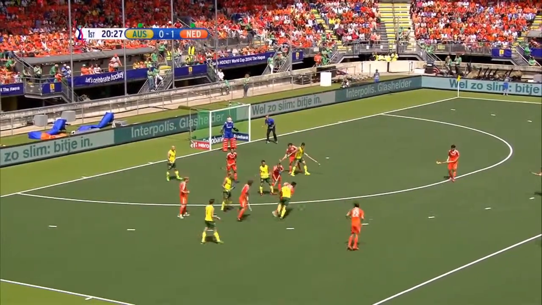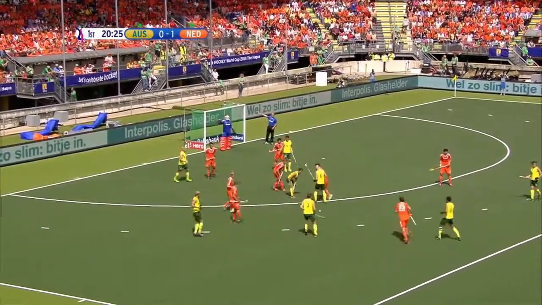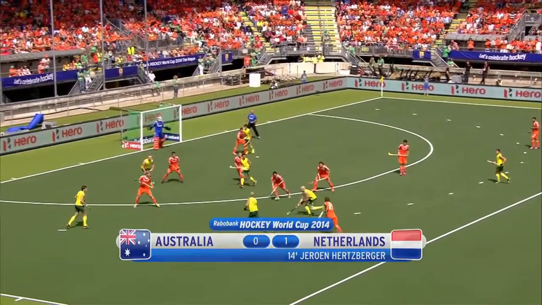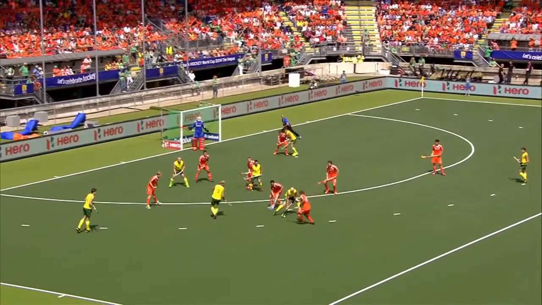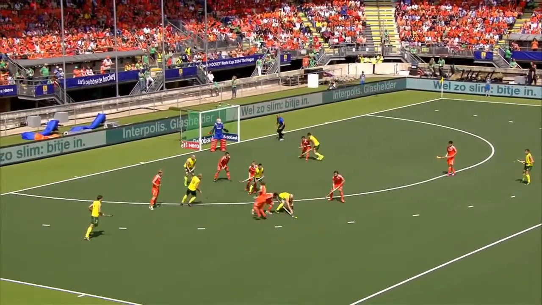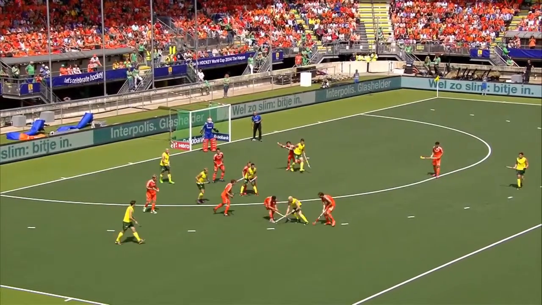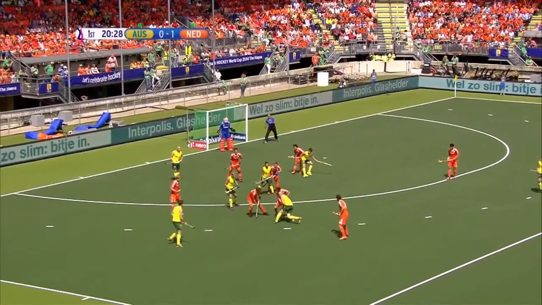This obstruction from the Australian player, followed by the manufacture of an obstruction from his opponent, is typical of the niggly sort of physical play engaged in by the Australian team throughout the match.